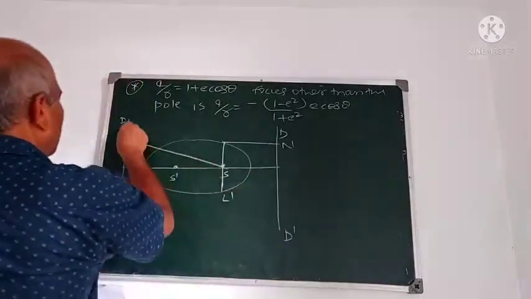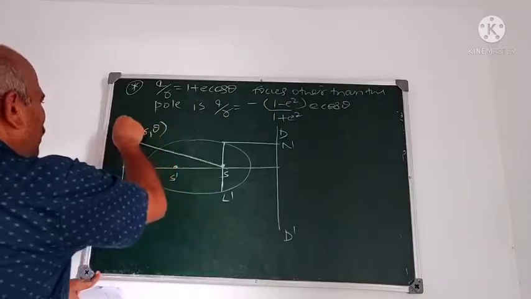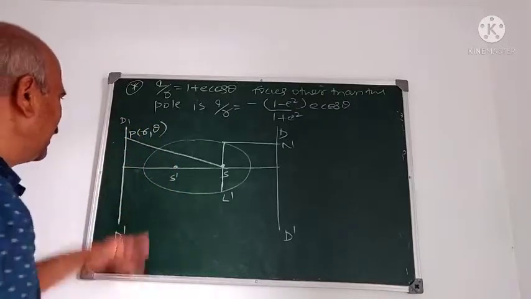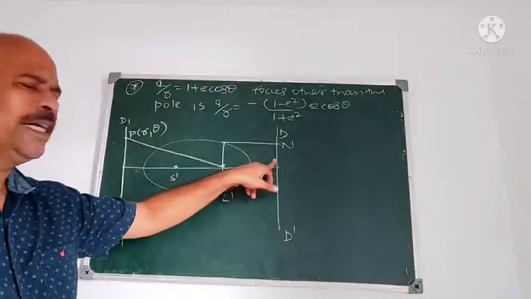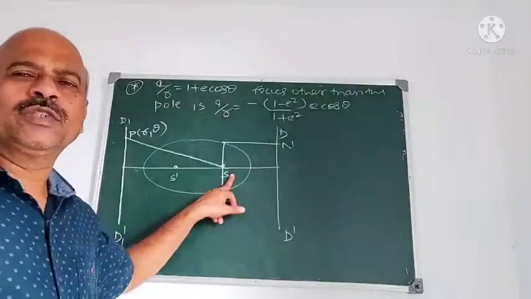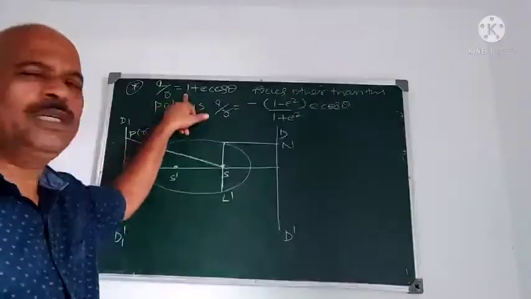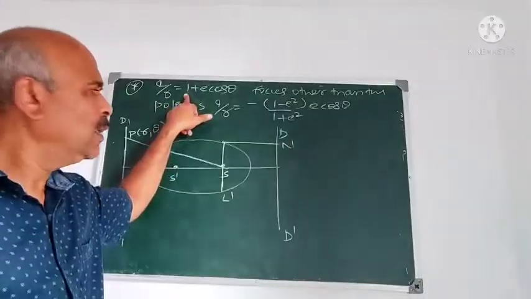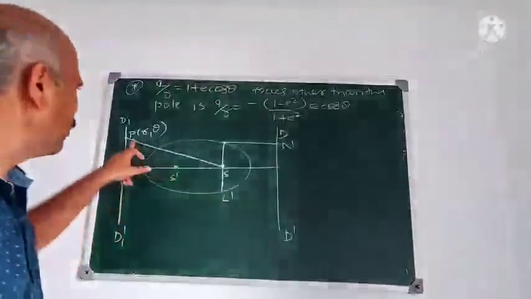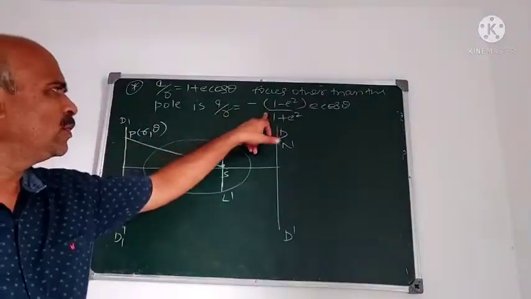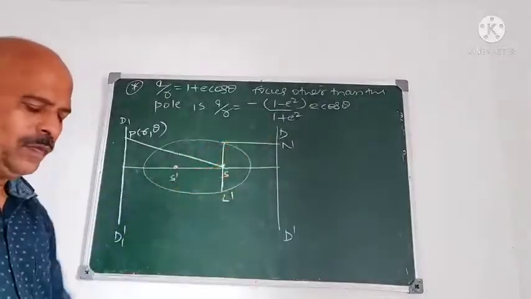Now I take P(r, θ) as any arbitrary point on this directrix, and the equation of this is required. You follow now? This is the directrix corresponding to the focus which is referred to as pole in the derivation of the conic, and this is already obtained. What is the equation? l by r is e cos θ. But we require the equation of the other one, and we have to prove it as given.